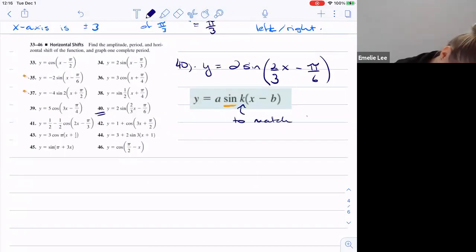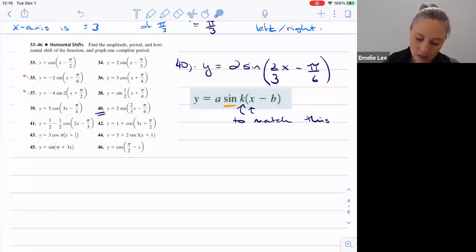To match this, with the x alone, whatever is attached to the x is what I have to pull out. I have to pull out that 2/3. So I need to pull out a common 2/3 from 2/3x, easy enough, but also pi/6.